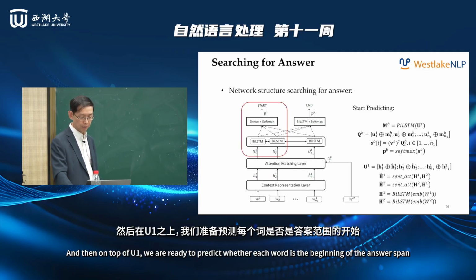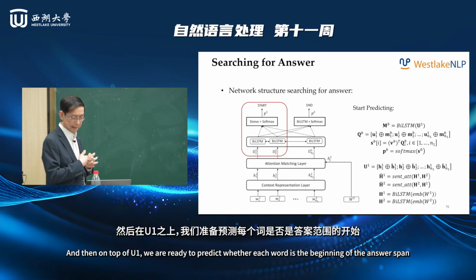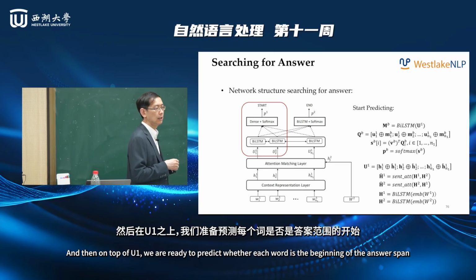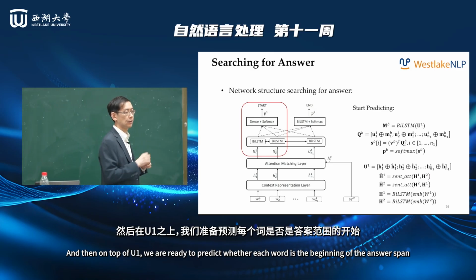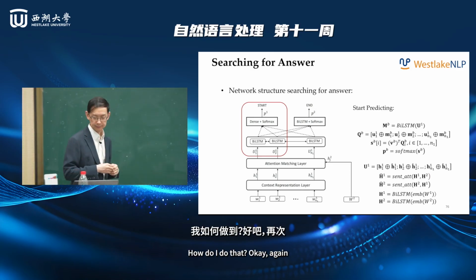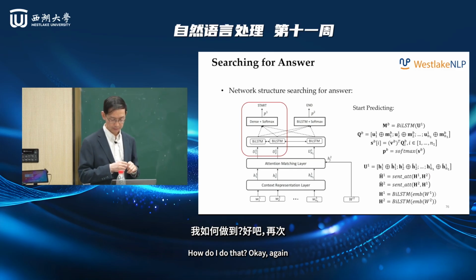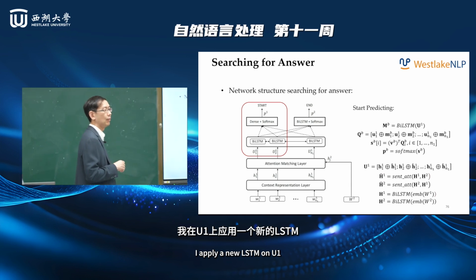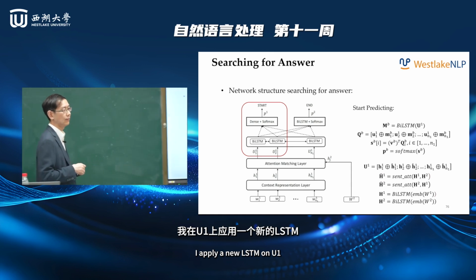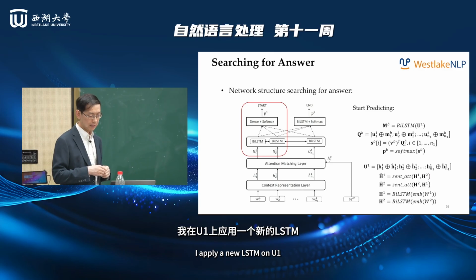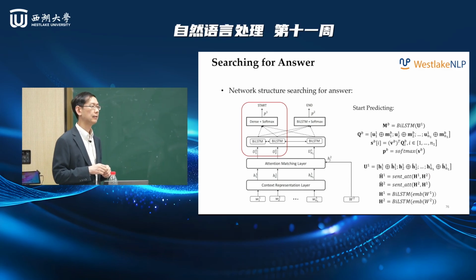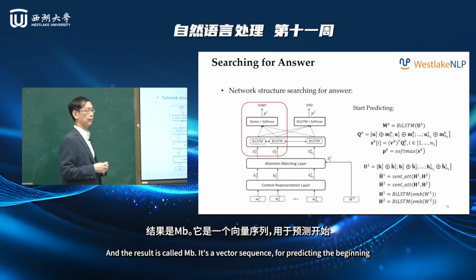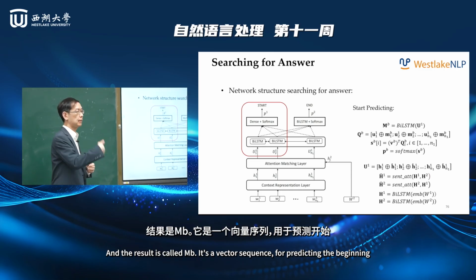And then on top of U1, we are ready to predict whether each word is the beginning of the answer span. How do I do that? Again, I apply a new LSTM on U1, and the result is called MB. It's a vector sequence for predicting the beginning.